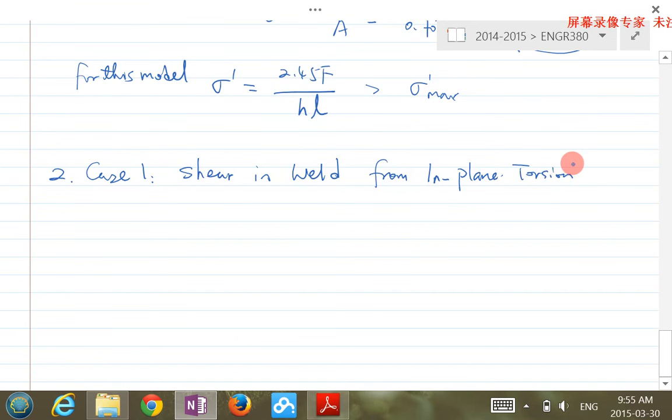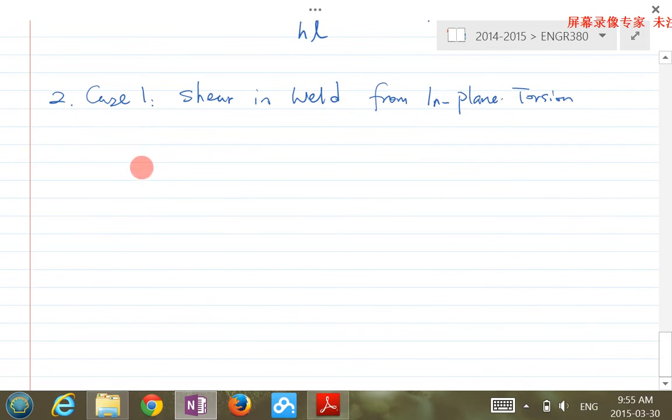I'll explain what I mean by in-plane torsion here. So here's the type of loading and the type of welds. Let's say you have a base metal here, and you have another plate.